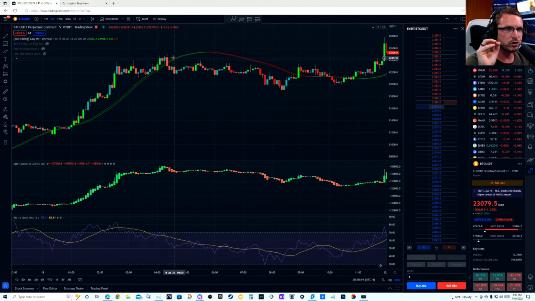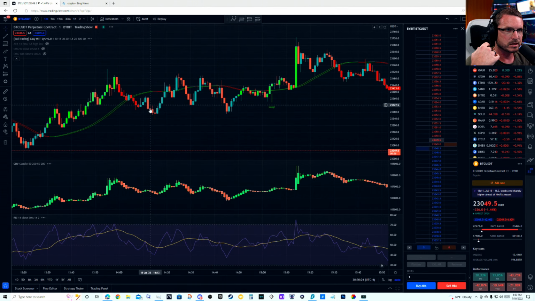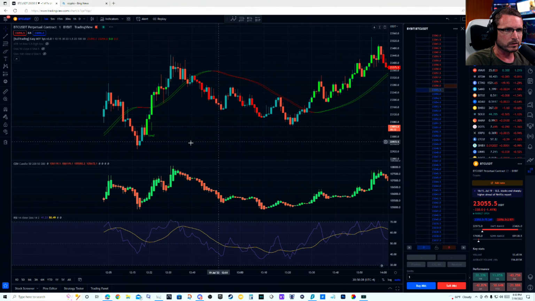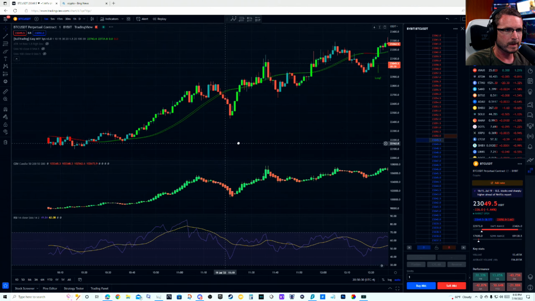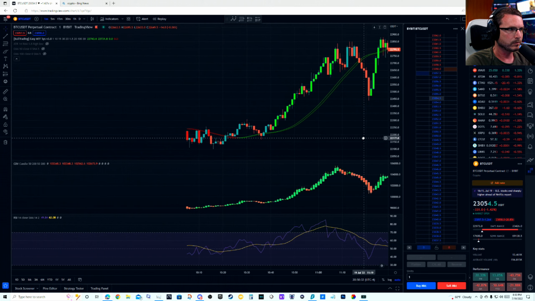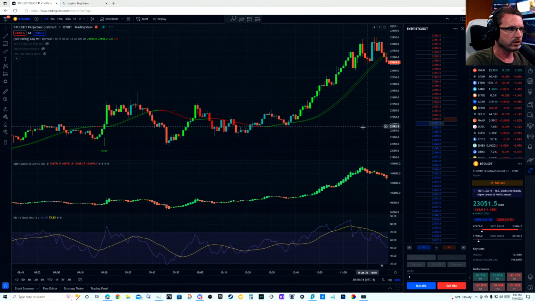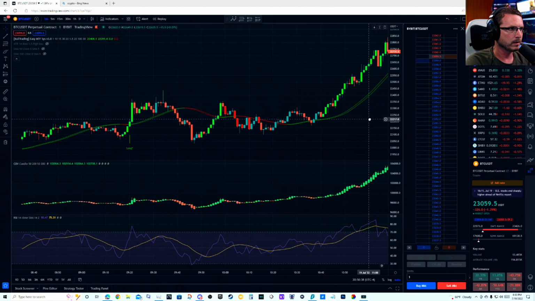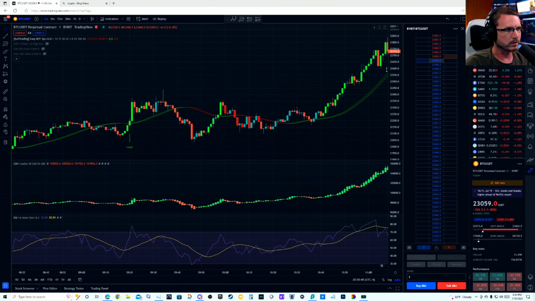So when I'm trading, let's go down to the 1 minute, because this is how I actually trade. What I'm looking for, let's go back in time here. Here's a prime example. We don't know what's going on on the right side of the frame, so I'm watching it from the very bottom of the market.